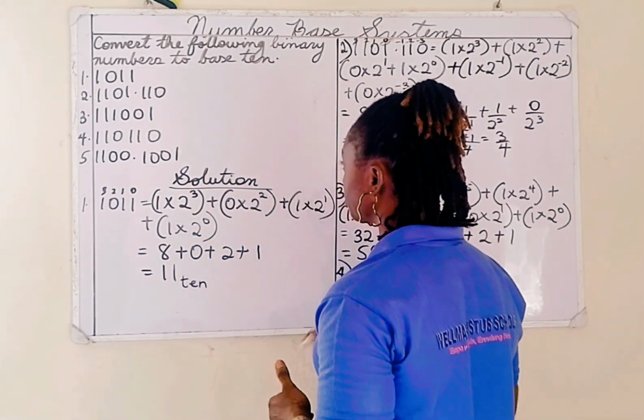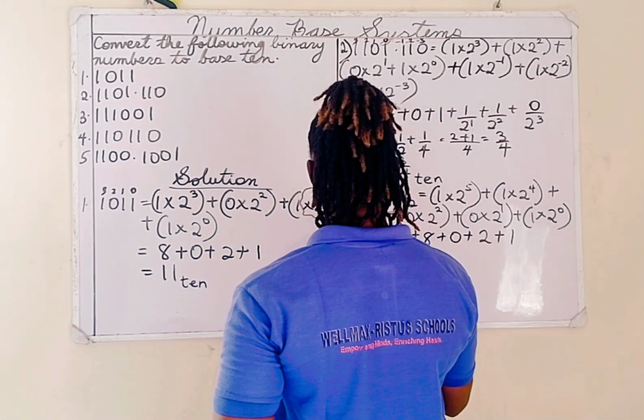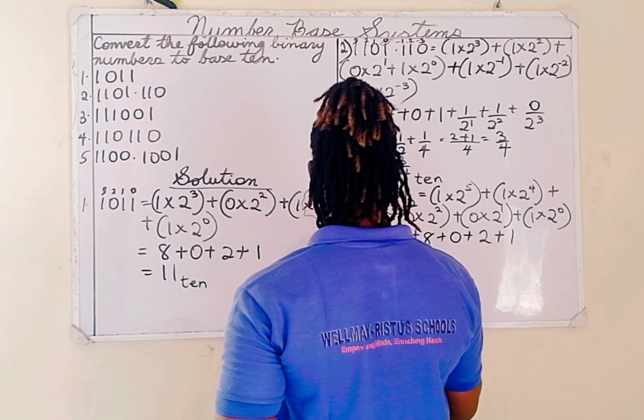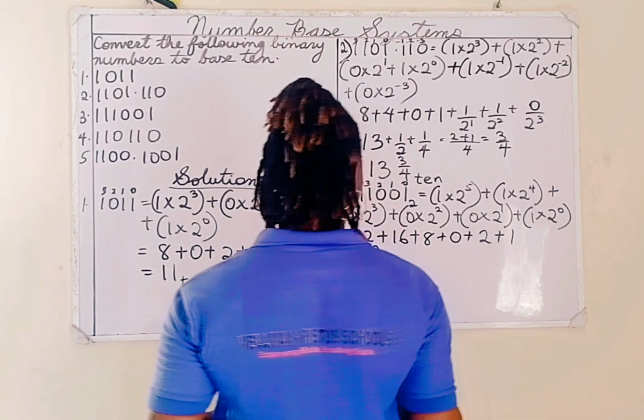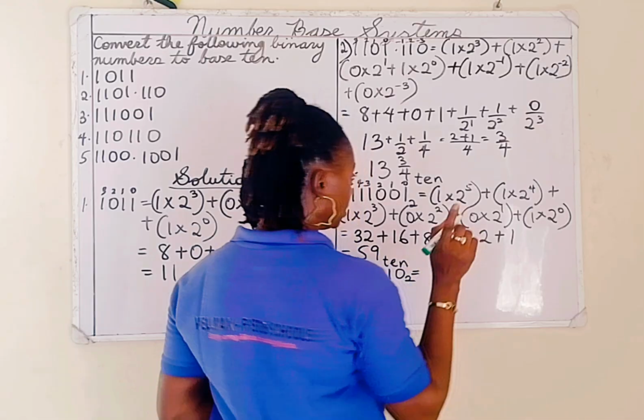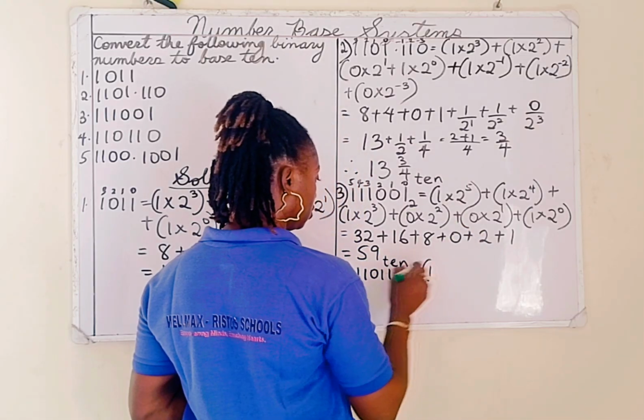Question 4. We have 110110. Convert this to base 10. So now let's label.